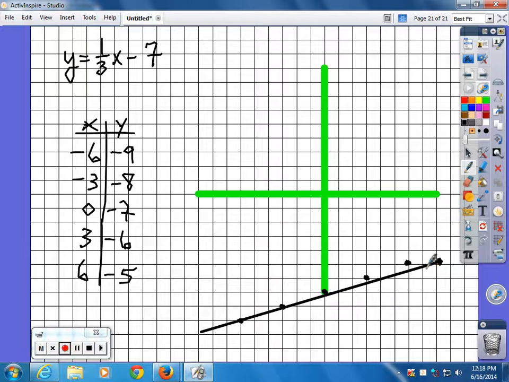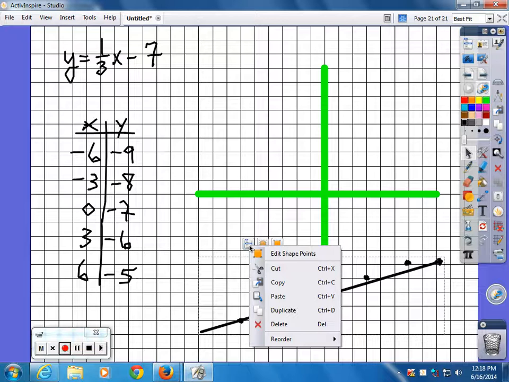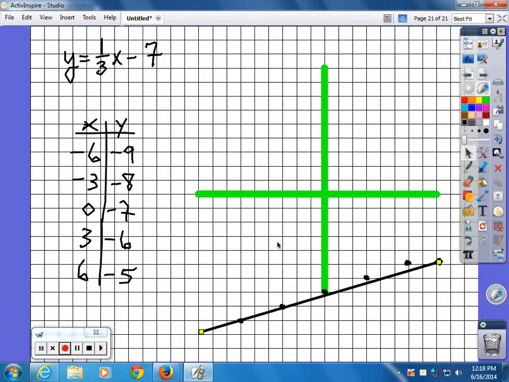Hold on, I'm going to try to fix this, but it's not letting me. I was going to try to rotate it, but it's not going to let me. There, that's close enough. Now, let me ask y'all a question.